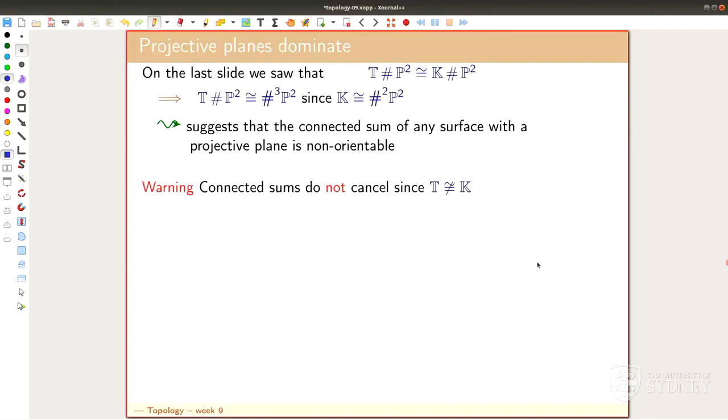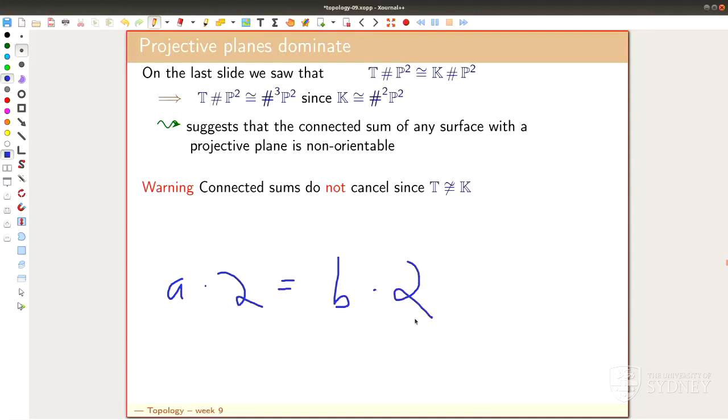One warning here. In usual numbers, you would have something like, let me write down an equation: A times 2 equals B times 2.